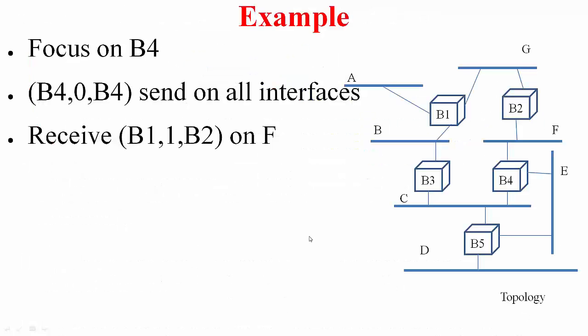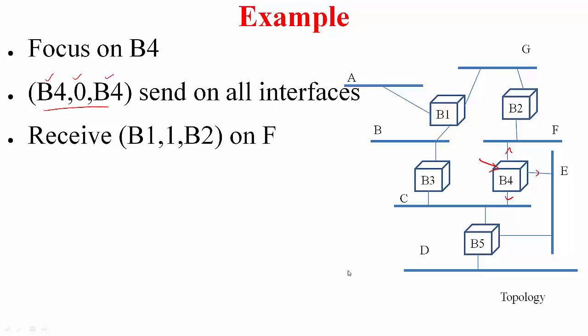Nothing like an example, so let's focus on this topology, specifically at bridge 4. At the beginning, bridge 4 views itself as the root, so it is going to generate this configuration message and send it out on all the interfaces. So this configuration is saying I am the root, I am at a distance 0 to myself.